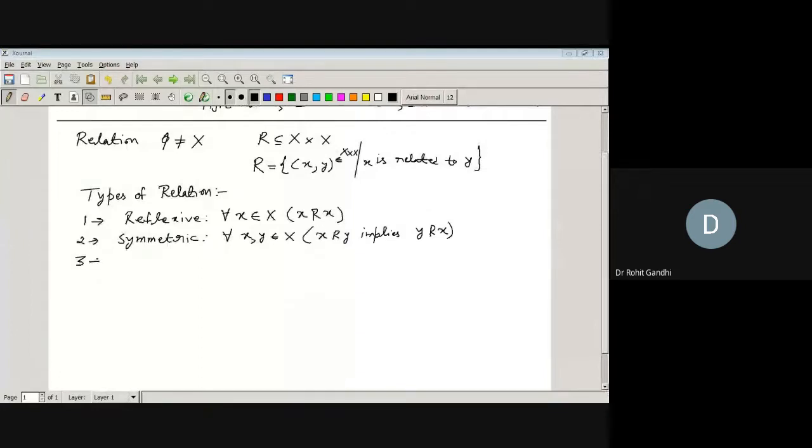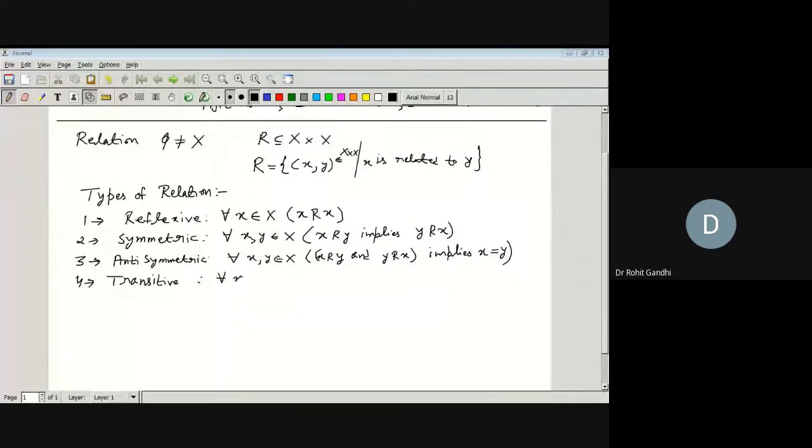The third one we have studied is antisymmetric. In this, if we take two elements in our set X, and x is related to y and y is related to x implies x equals y, then we say that our relation is antisymmetric. The fourth one is transitive.